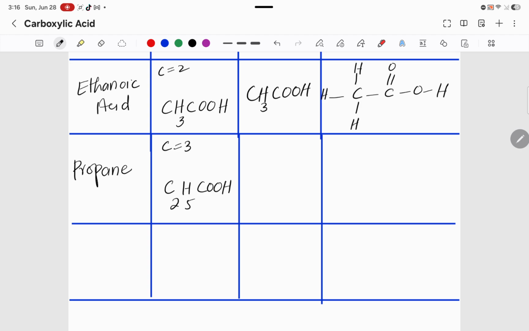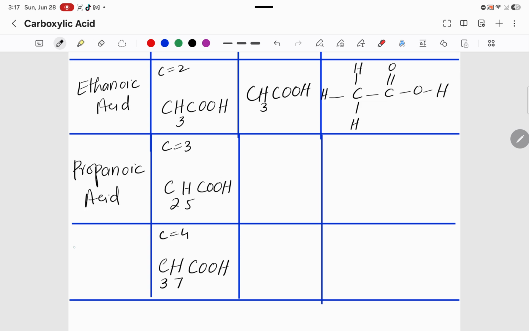So I will write propane, but E would be erased and add oic acid. Similarly, if carbon number is 4, it means I have to put one carbon less, and that is C3H2n plus 1, that makes 7, COOH at the end.